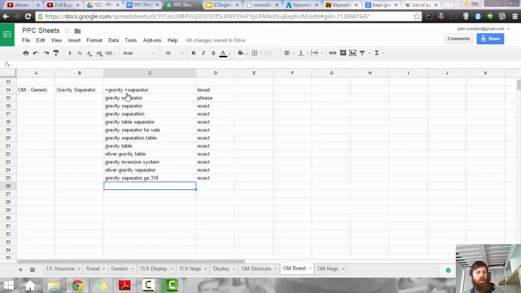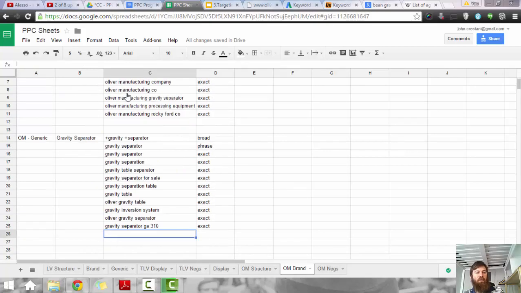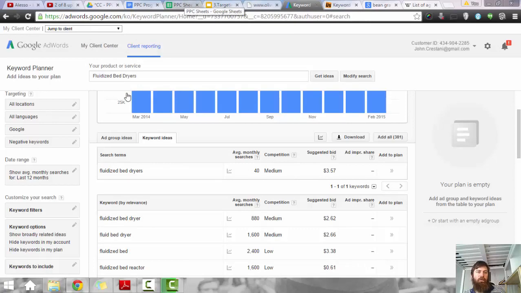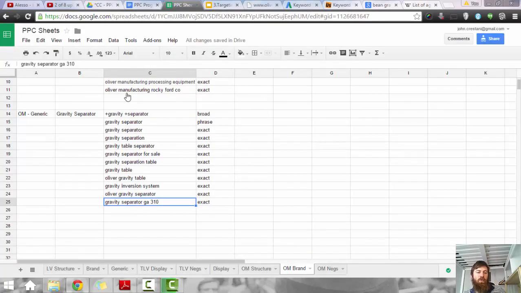So I don't know who the competitors are, but what I would do, if I had more time, is set up ad groups for fluidized bed dryers, color sorter, and the other keyword we had mentioned, destoner. I would also take some time to search for the exact brand name and the model numbers of their gravity separators, so that I could go after them. If this is a Cimbria GA310, maybe there are other models that people look at that are insanely highly targeted that could help.